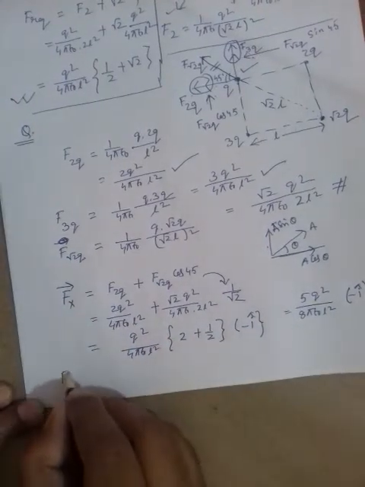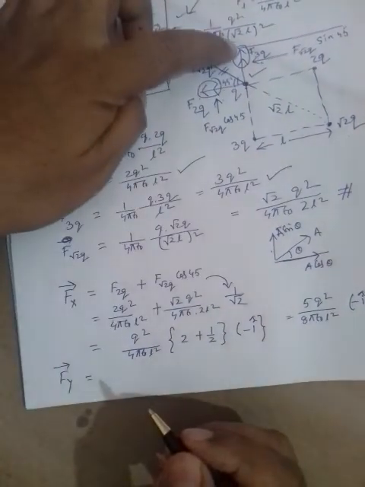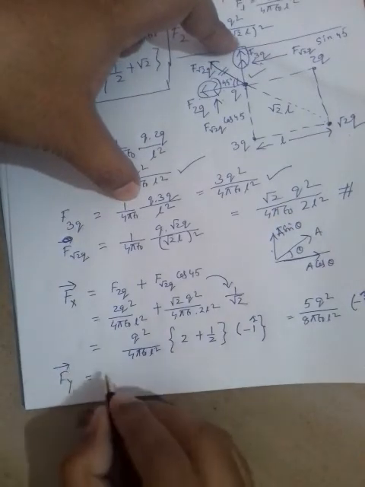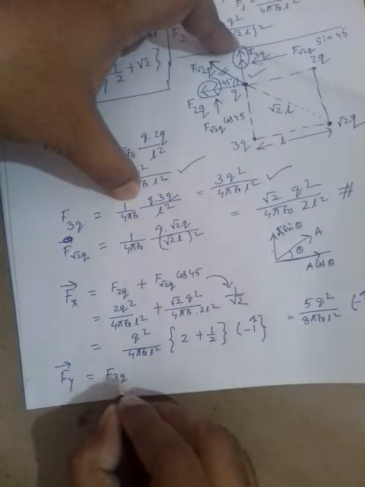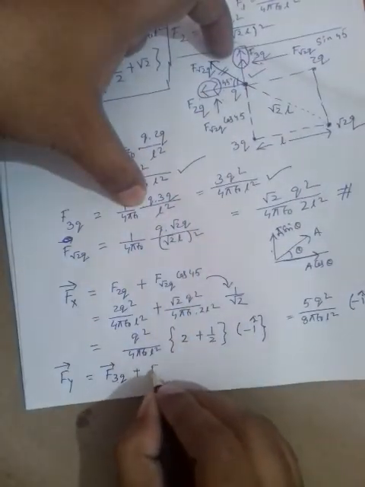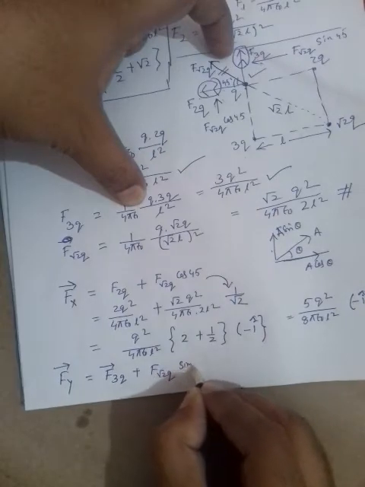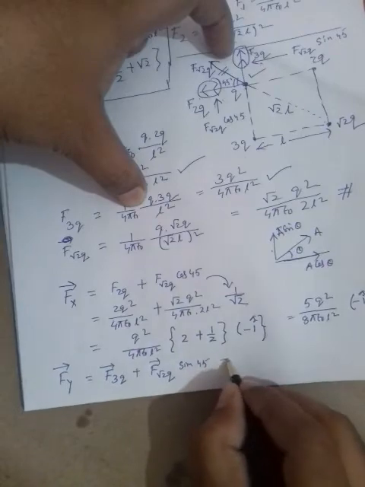If you write force along y-axis, then already along y-axis this force present, what is that? This value. It is F because of thrice q plus a part in this side, what is that? F because of root 2q sine of 45. So these two forces in the same side, so you can add directly.